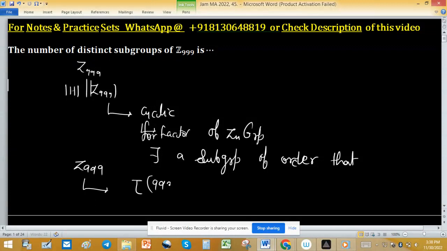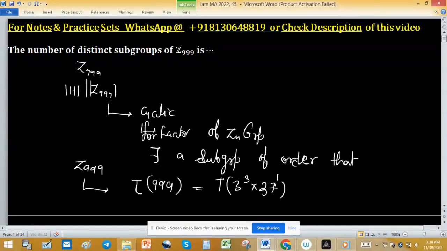So we need to find the value of tau, and this is tau of 3 raised to the power 3 into 37.